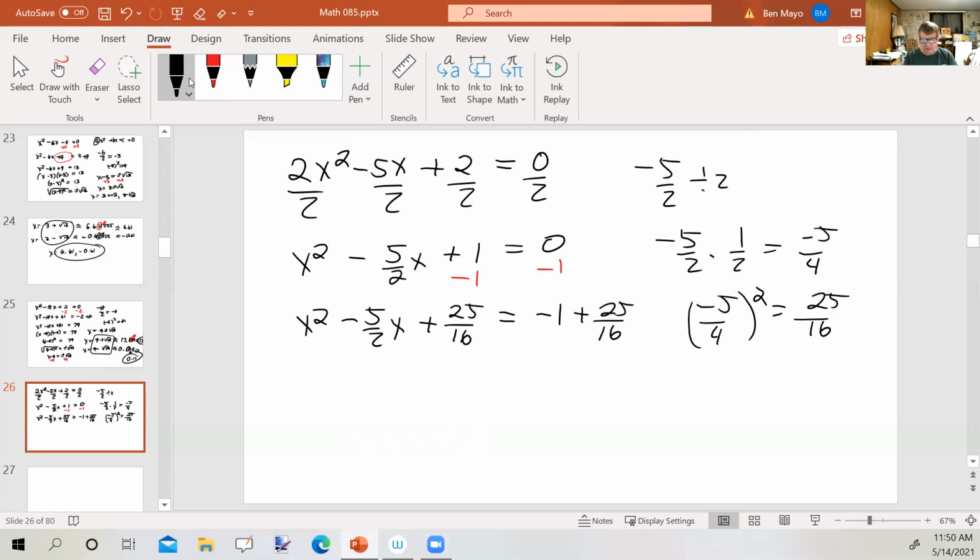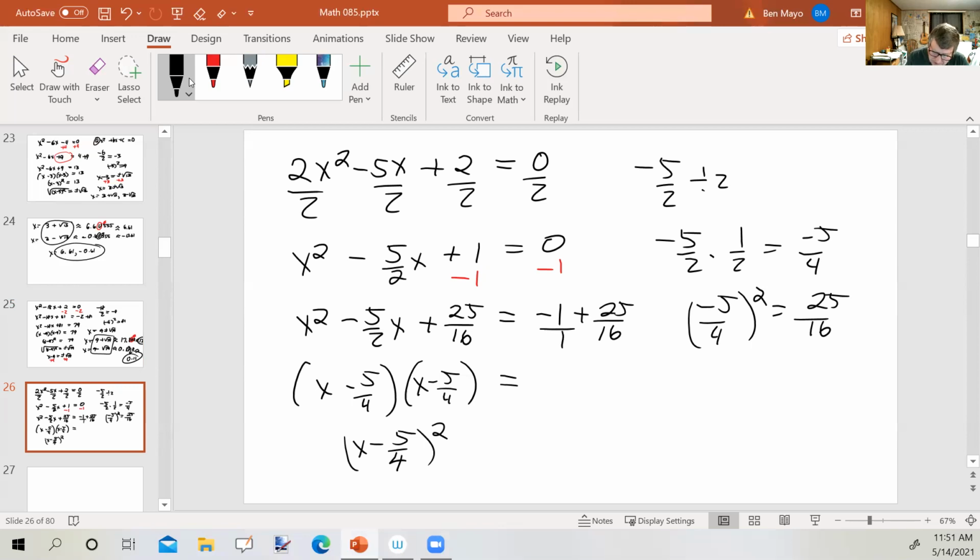Once I've done that, on the left side, I have a perfect square, x minus 5/4 times x minus 5/4, which is x minus 5/4 the quantity squared. On the right side, I need to combine those two terms, and the least common denominator is 16.